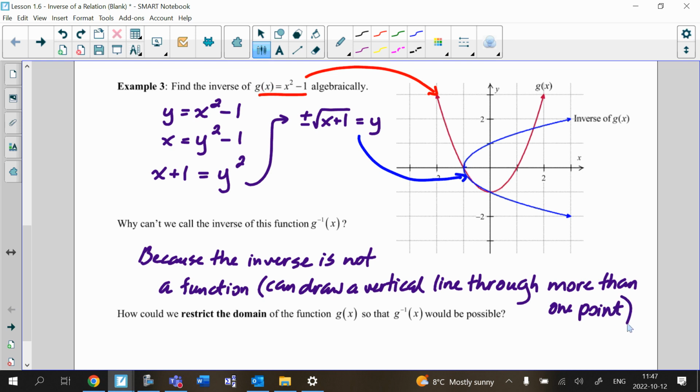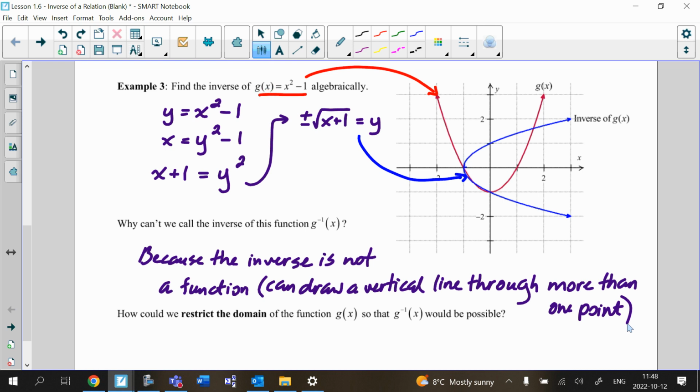So if we take a function and find its inverse, it may not necessarily be a function. You've seen an example above where its inverse is a function, and you've seen where its inverse is not a function, like in example 3.